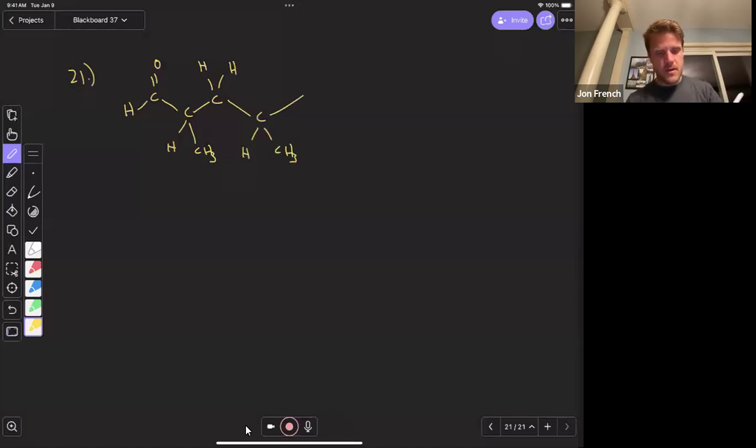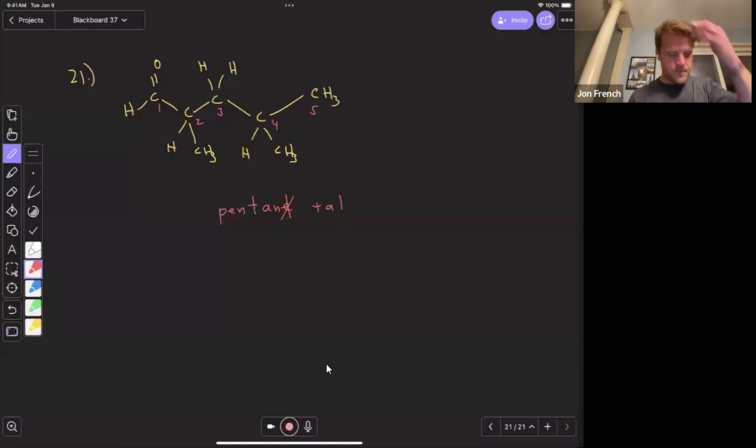They cannot be in the middle. Let's see, our last is CH3. So longest continuous chain, 1, 2, 3, 4, 5 carbons. So 5 carbons would be pentane. We drop the E and we add Al, indicating we've got an aldehyde present there.